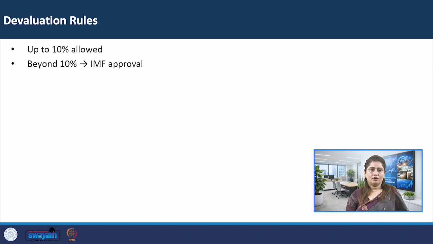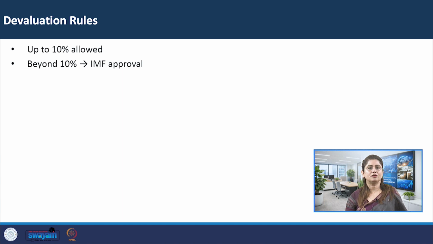Now, as I told you, only when there were structural problems was the currency allowed to devalue more. Under the Bretton Woods system, countries were not allowed to devalue their currency frequently.